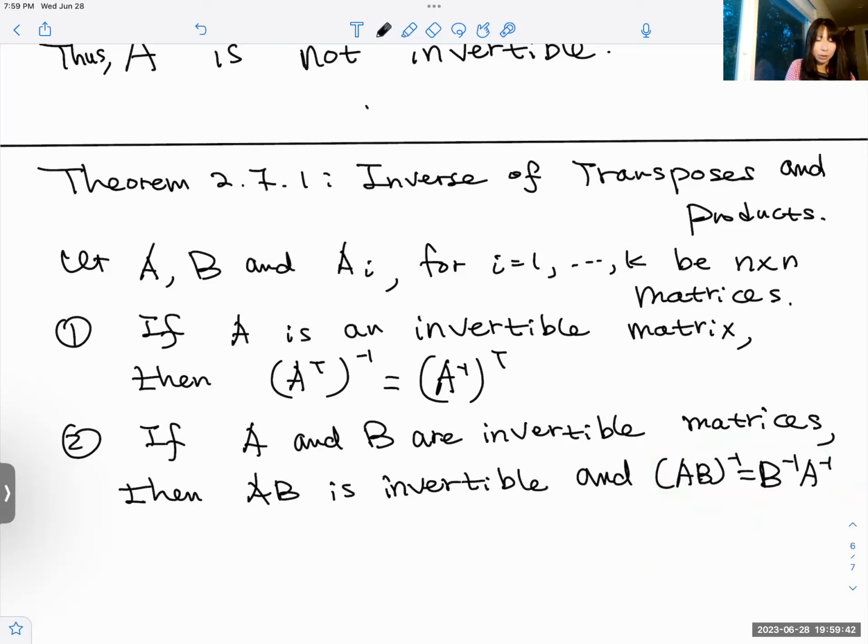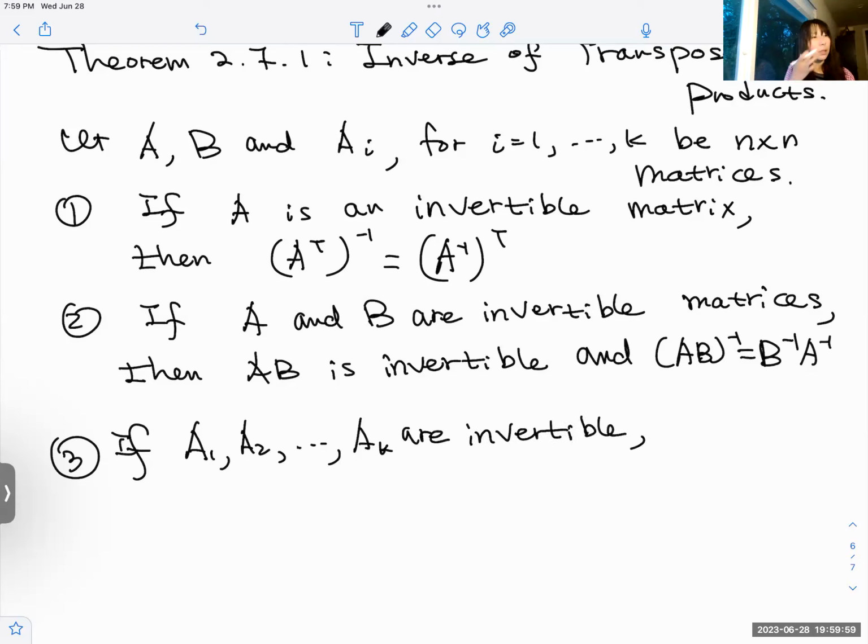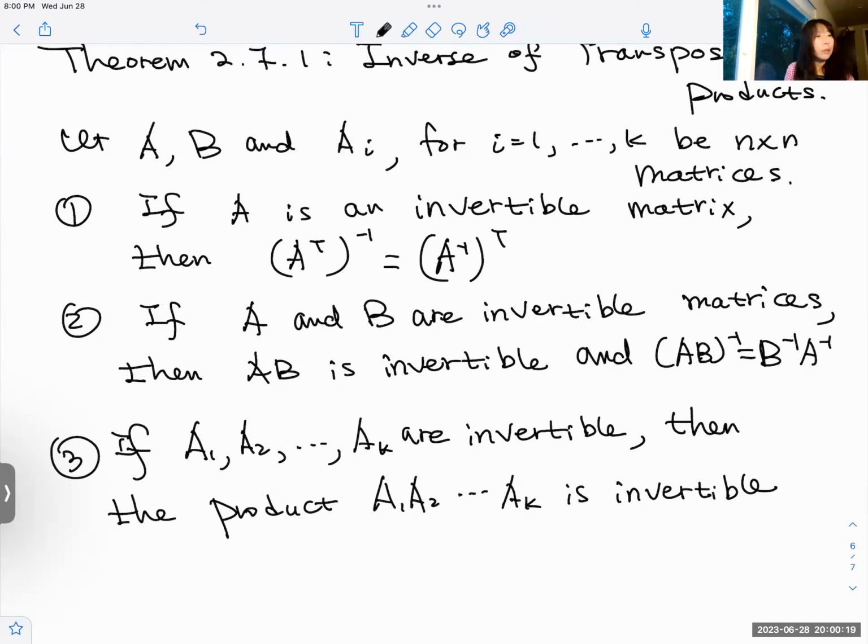Okay, now we have number 3. If A sub 1, A sub 2, up to A sub k are invertible, then the product A sub 1, A sub 2, up to A sub k is invertible, and the inverse of the product, yeah, we have a different order, right?